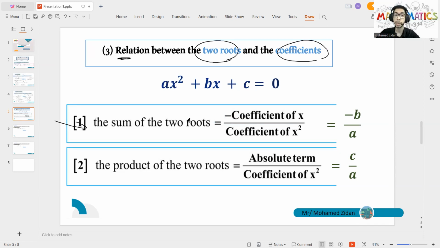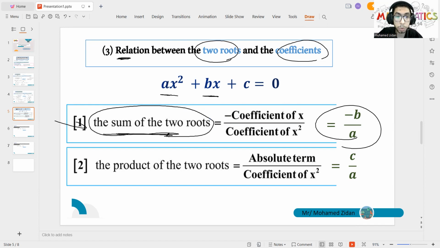The sum of two roots equals negative the coefficient of x over the coefficient of x squared. Then the sum of two roots equals negative b over a, where b is the coefficient of x and a is the coefficient of x squared.